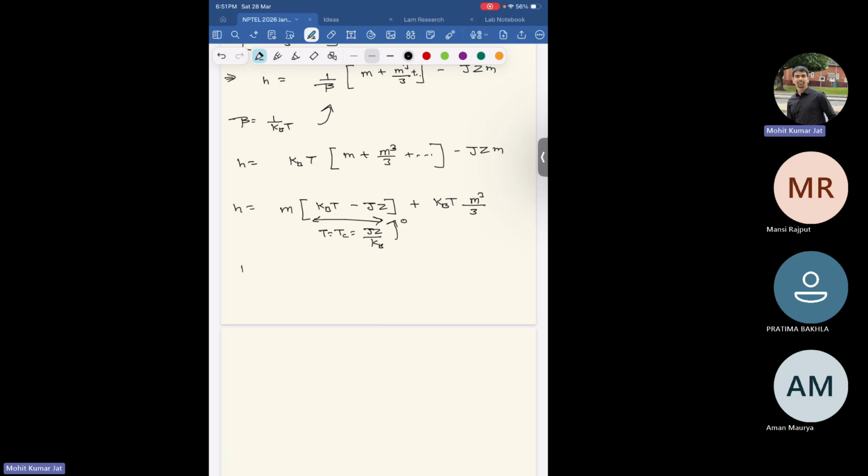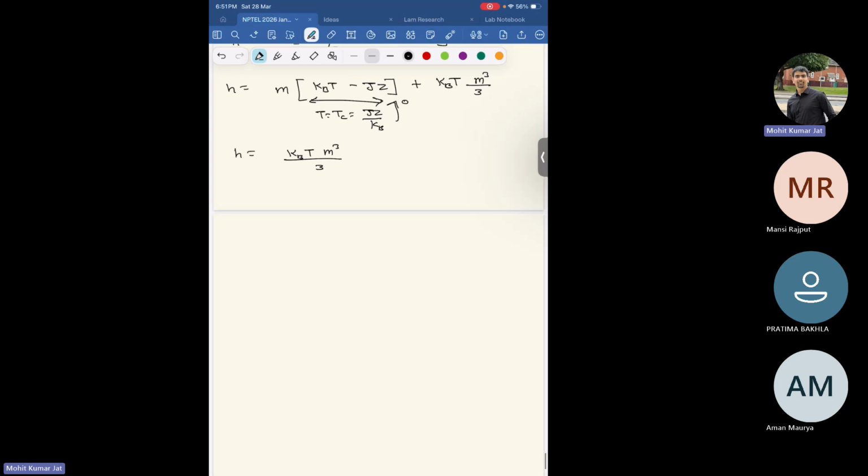So the first term is 0, and only the second term remains, along with higher leading terms. So H = kBT M cubed/3, and if I see M in terms of H, I will write M = (3H/kBT) to the power 1/3. So M is directly proportional to the magnetic field to the power 1/3. That's what it means at the critical temperature, T equals Tc.